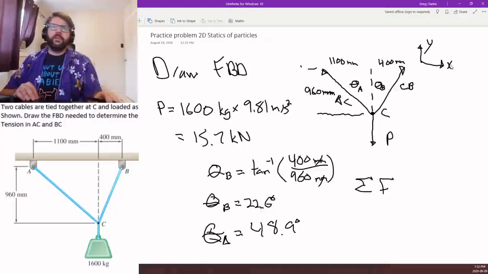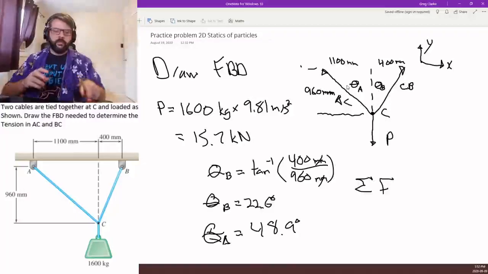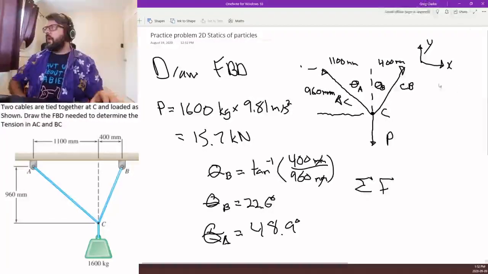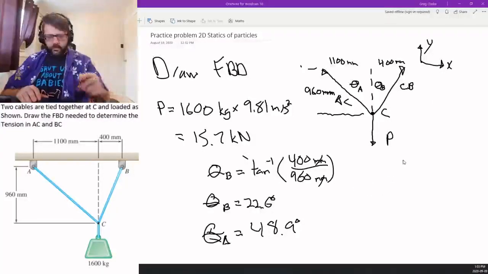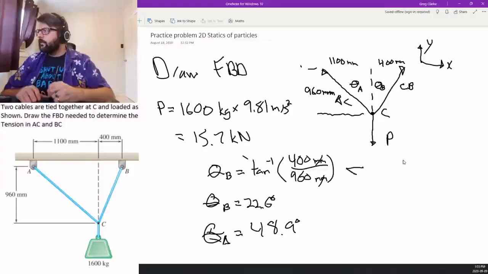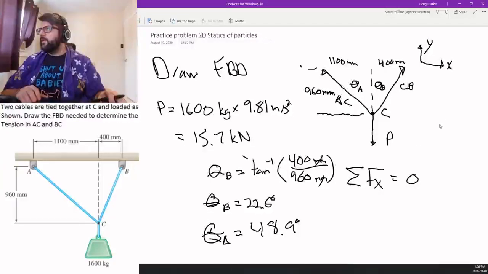So assuming that the x-axis is pointed off to the right here, the y-axis is pointed upwards. With our axes defined, taking the sum of the forces in the x direction, that's all equal to 0. We know this because we're doing an equilibrium question.